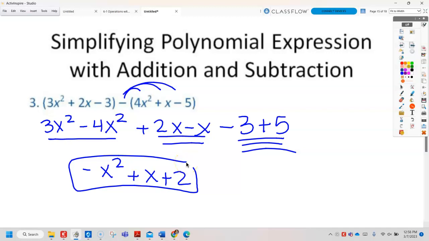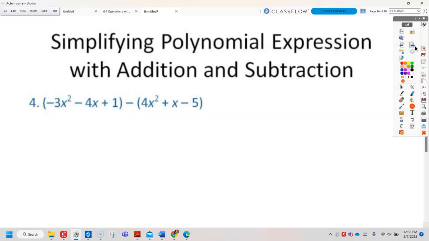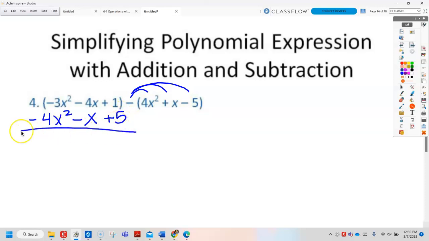Another quadratic, reflected, open down. So this is one where, again, if you wanted to stack them, that negative distributes. So this is like saying minus 4x squared minus x plus 5. So then I add them in columns.